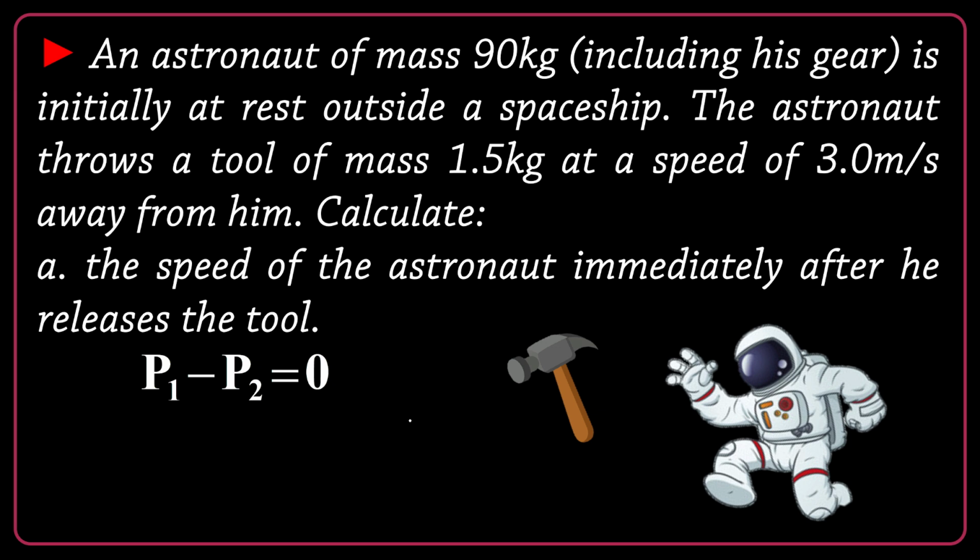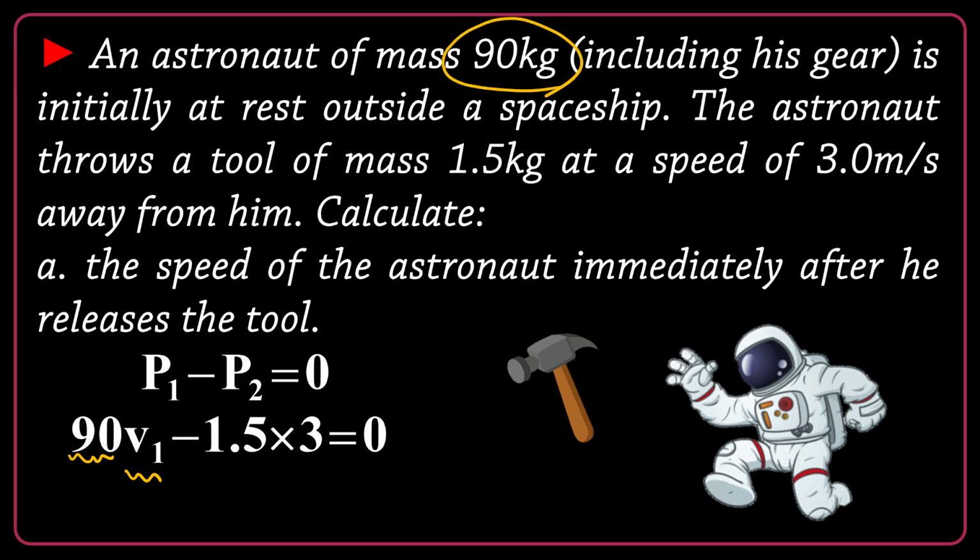Actually, P1 minus P2 is zero. P1 is the momentum of the astronaut, and P2 the momentum of the hammer after throwing. So the total will be zero. Momentum is mass times velocity. So let's say the astronaut is 90 kilograms as given.